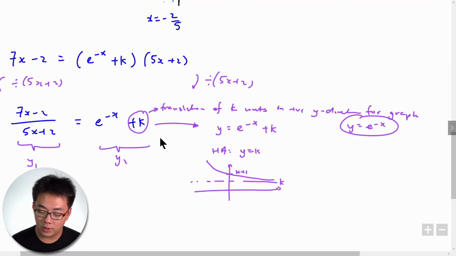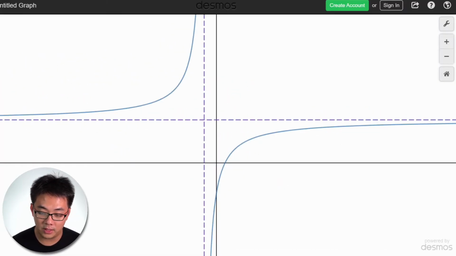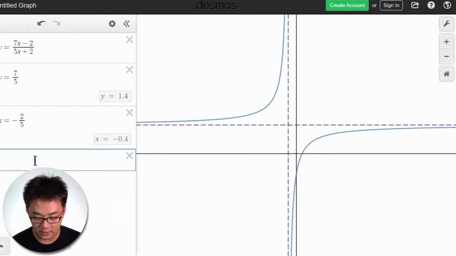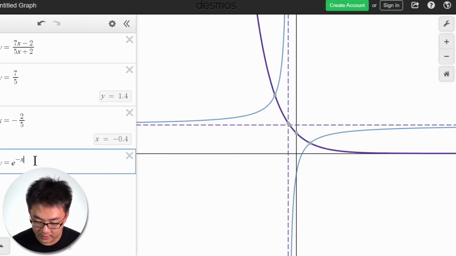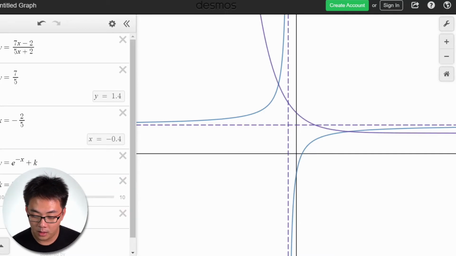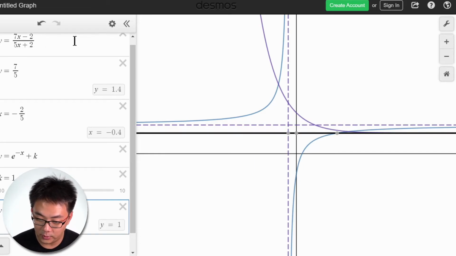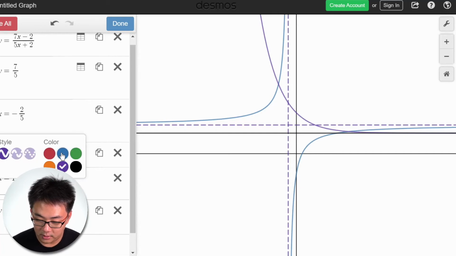This question is pretty straightforward, I feel, but if you still have problems visualizing it, just use your favorite Desmos graph, or rather my favorite Desmos graph. What you do is you key in e to the power of minus x, plus k, and this will be my k here, and I get y equals k, which is the horizontal asymptote.